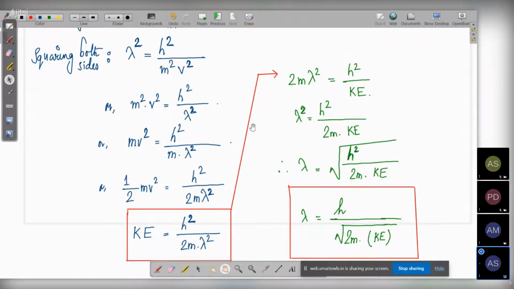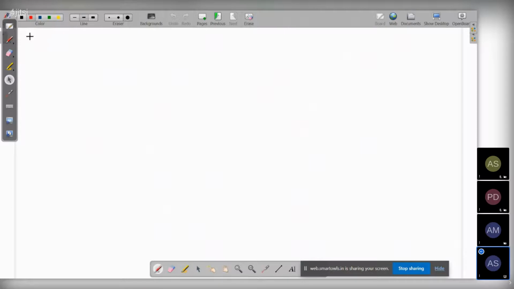Now let us do another sum using this particular form. This you have to try.